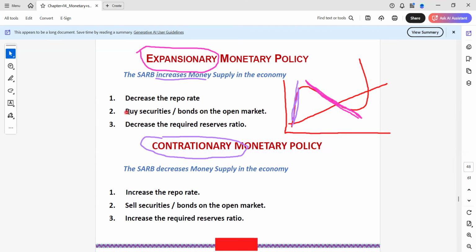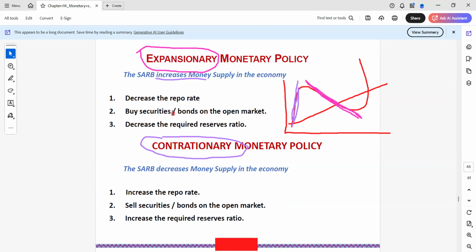So here they're talking about the buying of securities. Since expansionary monetary policy is used in the business cycle, in the contractionary phase, economic activities are declining. To speed up the economy, the South African Reserve Bank will buy securities.